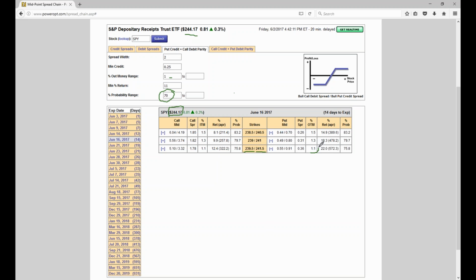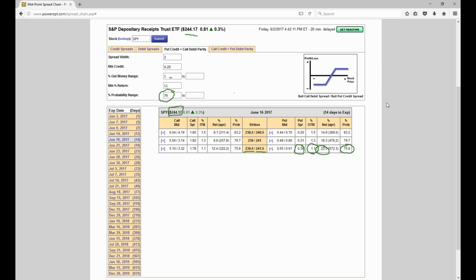That's only 1.1% out of the money for a 14-day trade, but it does come with a 75% probability, and we're looking at a potential return of 22%. We have a net credit of 36 cents on the position.